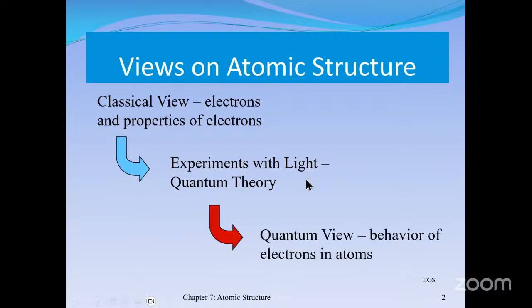And then some people did some experiments with light, and they realized that that is not actually the case. Small particles behave quite differently. And this leads us to the quantum theory, which is more accurate in terms of describing the behavior of very small particles. And this led to the quantum view, which describes the behavior of electrons in atoms. So that basically is just a very broad description of how we arrive at our current understanding of how electrons behave in an atom.